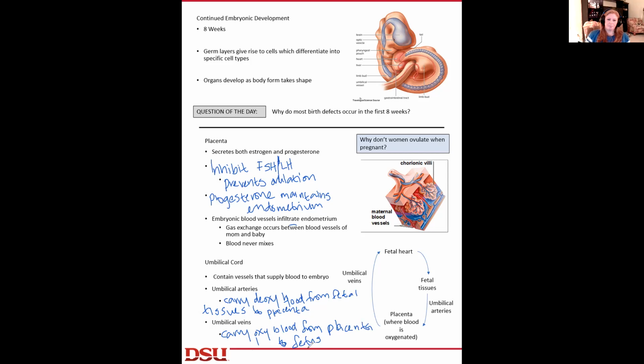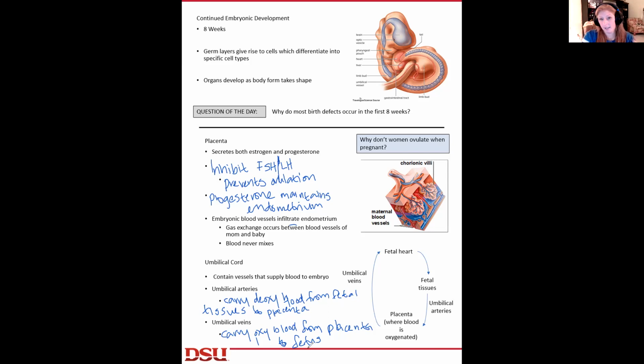So it's kind of backwards from what is happening in a baby after it's born, and all of us. In us, arteries carry oxygenated blood and veins carry deoxygenated blood, but in this whole fetus, embryo, development process, it's the opposite, it's reversed.